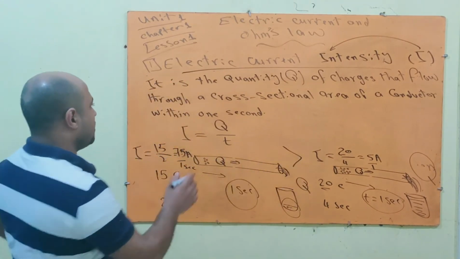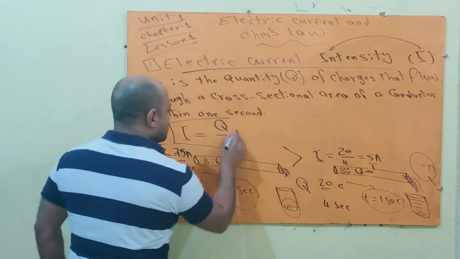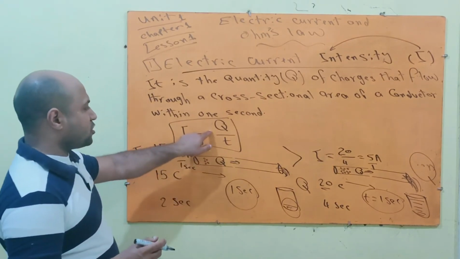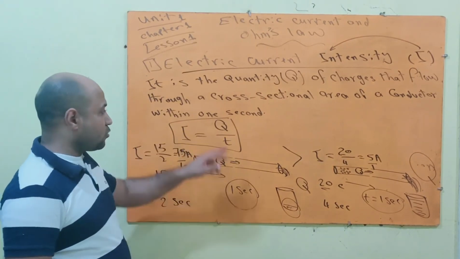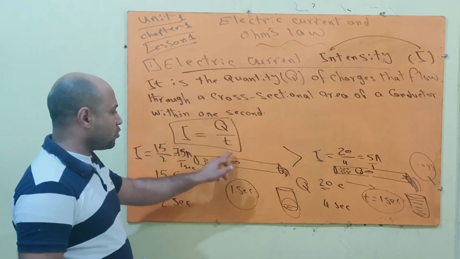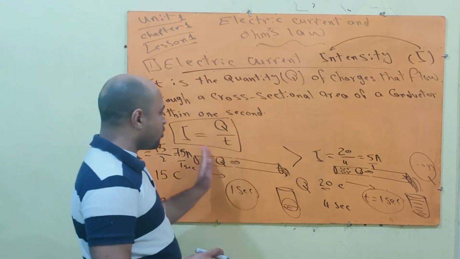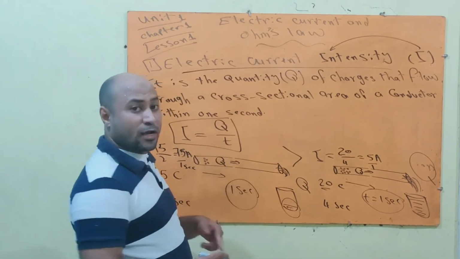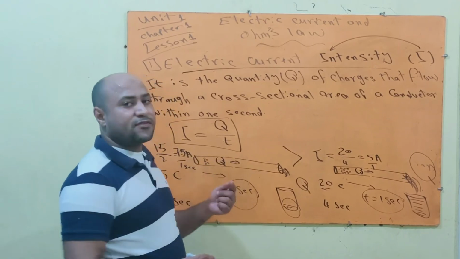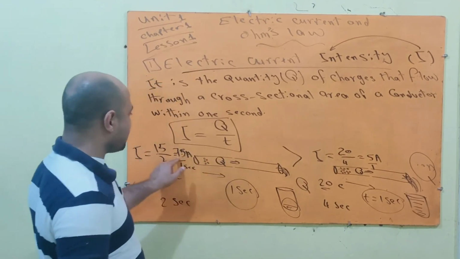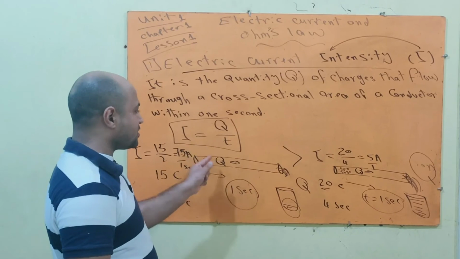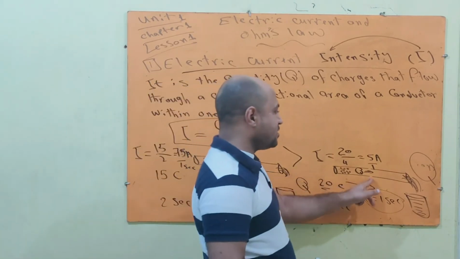Again, electric current intensity equals what? It equals the quantity of charges that flow through a cross-section area. It's as if I am standing at a gate, counting how many charges pass in front of me in one second. Here I found 7.5 in front of me in one second, while in this case 5 only.